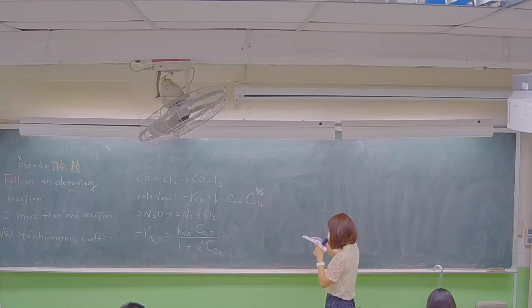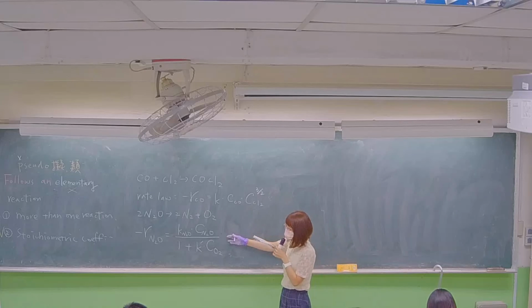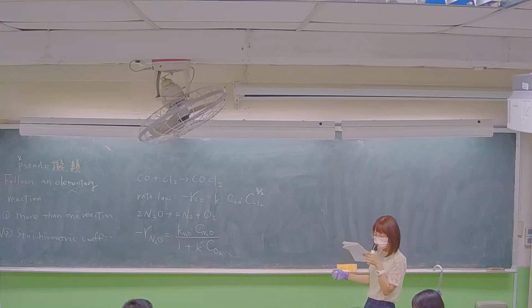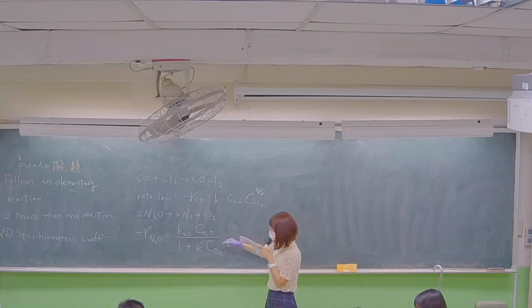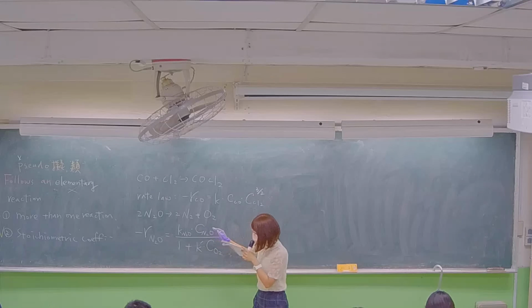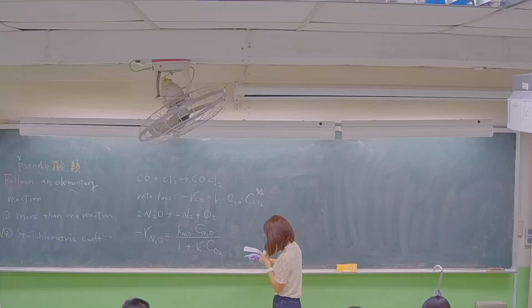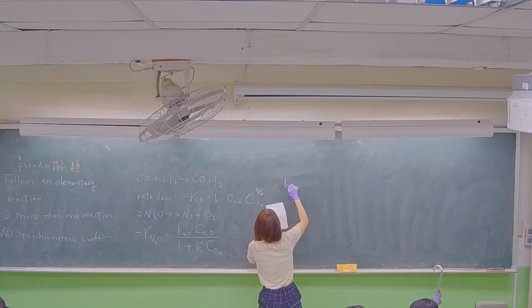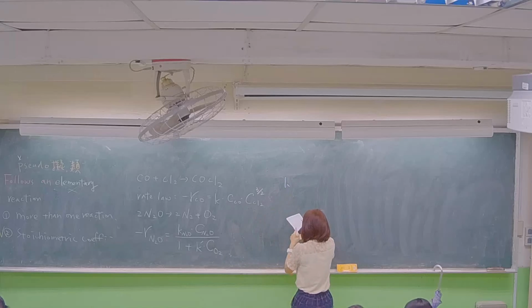If you see this kind of expression, how to simplify? It is complicated because we have this part and this part. So try to simplify this one. Okay, the next slide. We assume two different conditions.